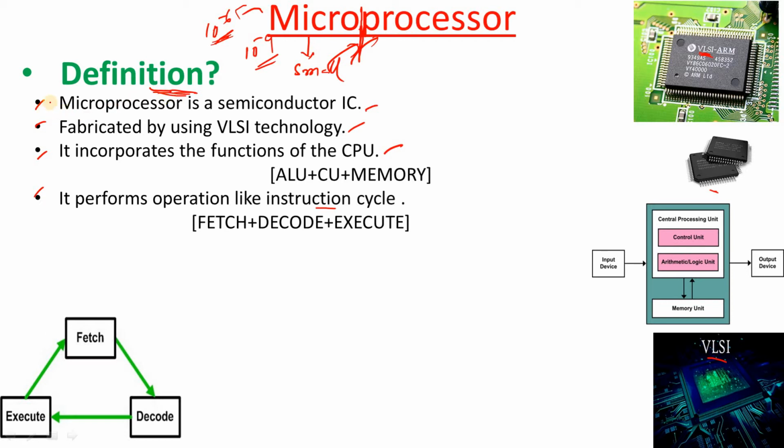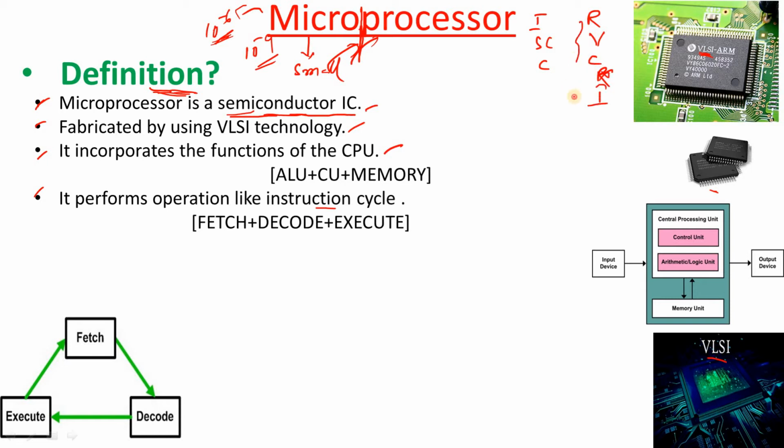Coming to the first point of the definition: a microprocessor is a semiconductor IC. What is meant by semiconductor IC? Semi means half conductor. Materials are always classified into 3 categories: insulator, semiconductor and conductor. Suppose you take any property, such as resistivity, voltage or charge carrying property, that means current property.